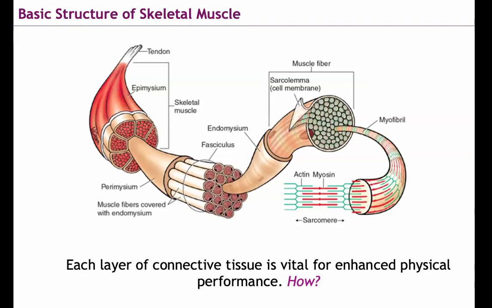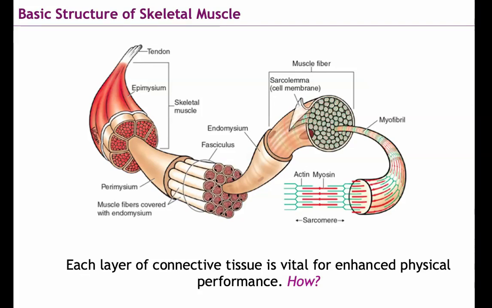All right, so usually I would ask this question in class. Each layer of connective tissue is vital for enhanced performance. How? And normally y'all would answer me. But just a few things I want to mention for you is it will provide for tendon structure. We know the epimysium creates the tendon, which allows for force to be transferred to the bone.